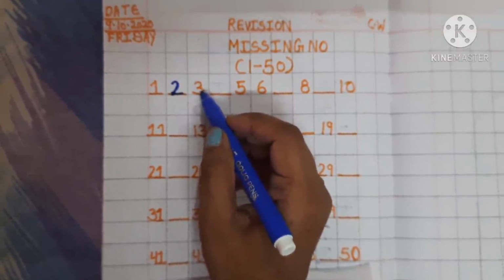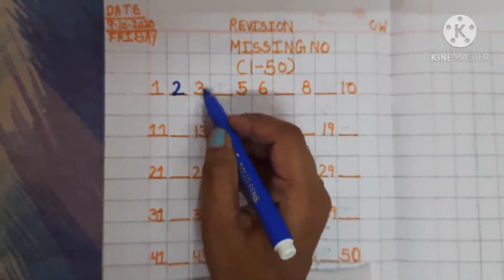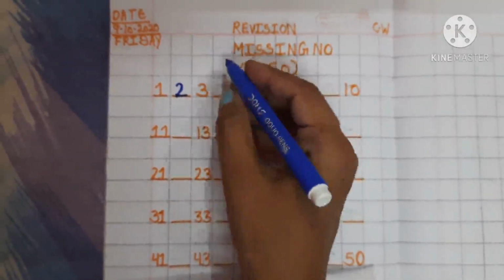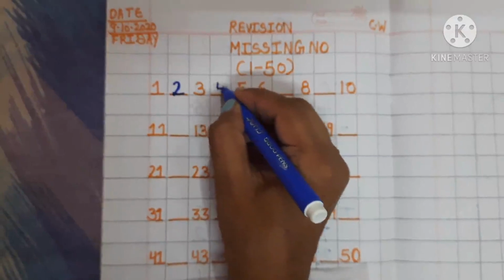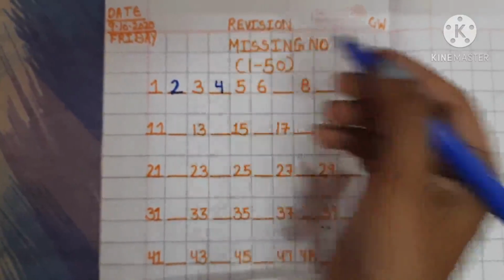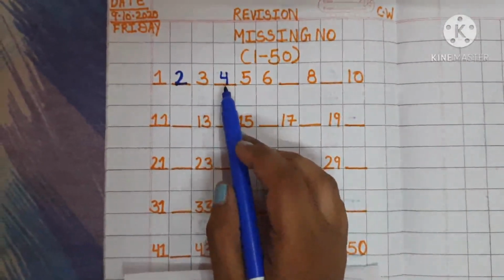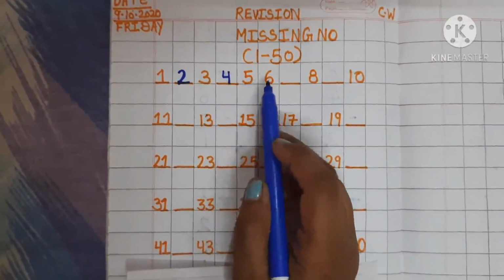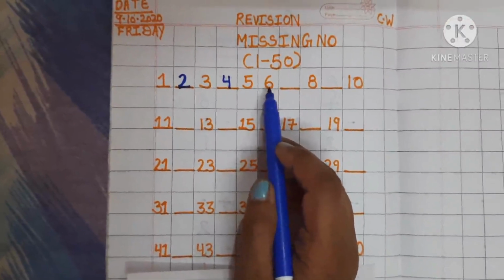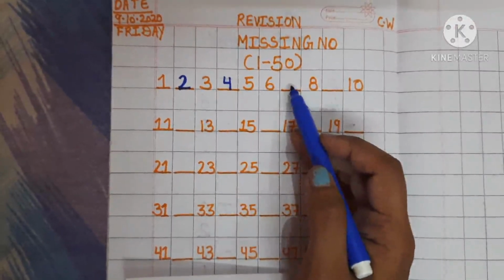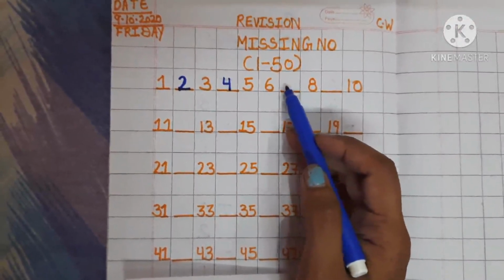Here is something missing. 3 after what will you write? 4. 4, 5, 6. 6 after what is missing here?